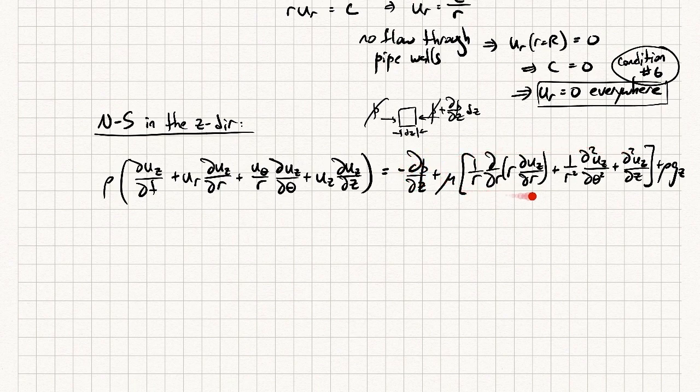This term with the mu times whatever's in the square brackets here, this is the net viscous force acting on the little piece of fluid. That has to do with the viscous stress on the top and the viscous stress on the bottom. And those are second order derivatives. You can reason your way to the second order derivatives because, remember, just in Cartesian coordinates, the shear stress is like a du dy, so there's just a first order derivative here.